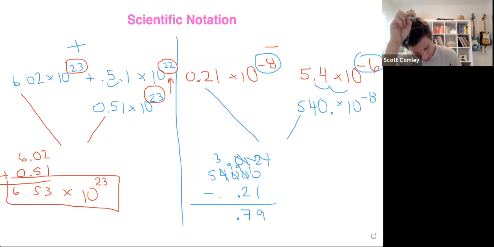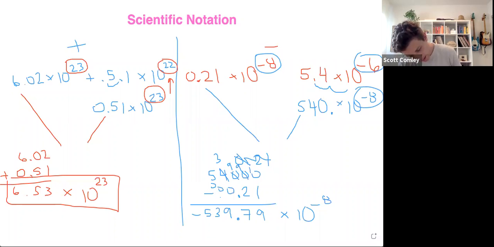Decimal. 9 minus 0 is 9. 3 minus 0 is 3, and 5. So 539.79. And that's a negative because we're subtracting a large number. And now that our exponents match, they're both 10 to the negative 8th, we have our answer.